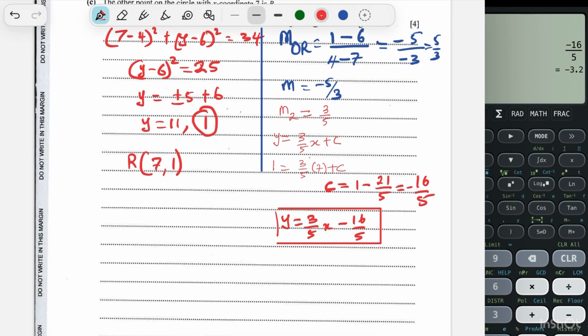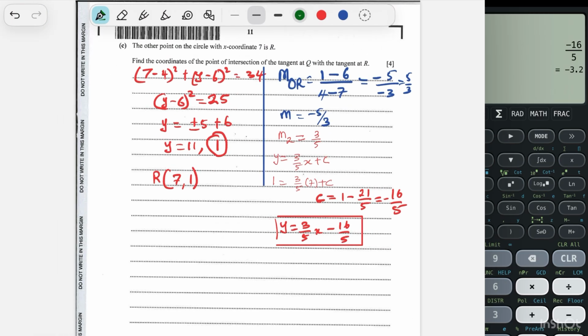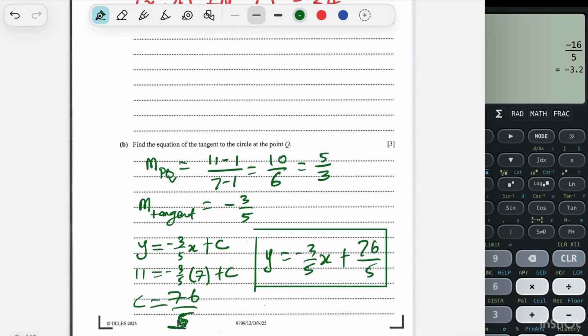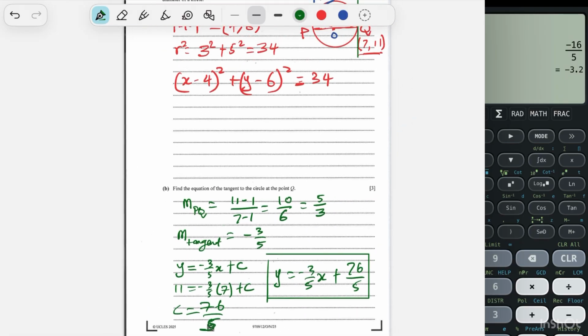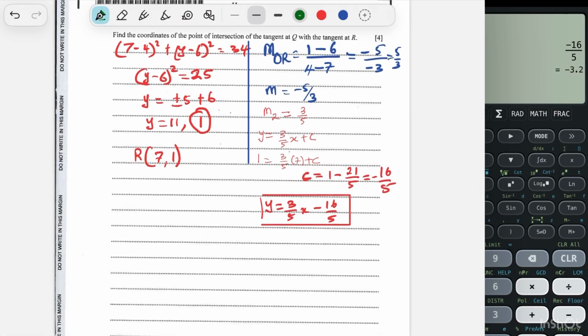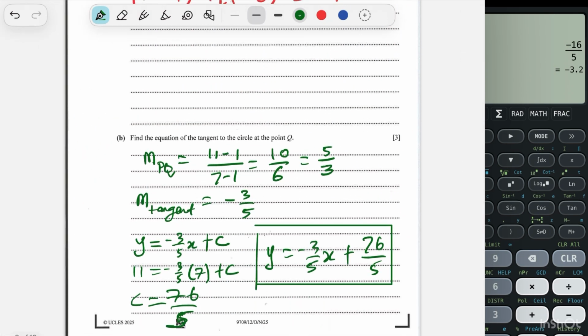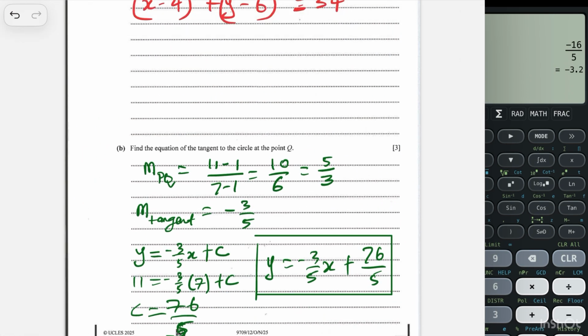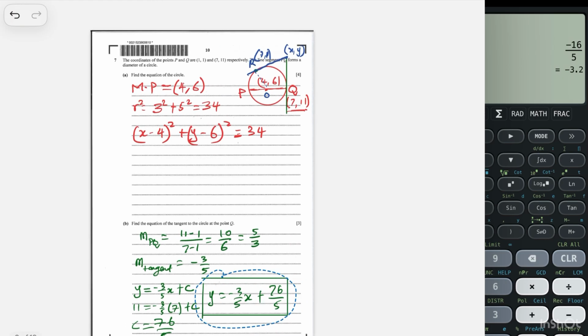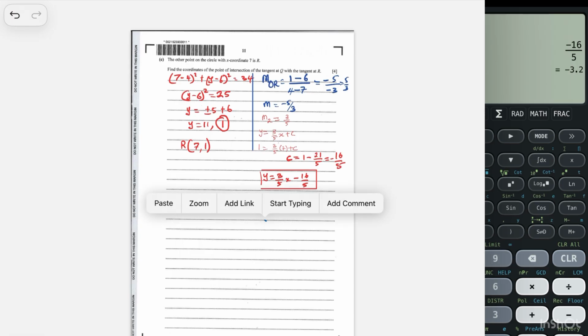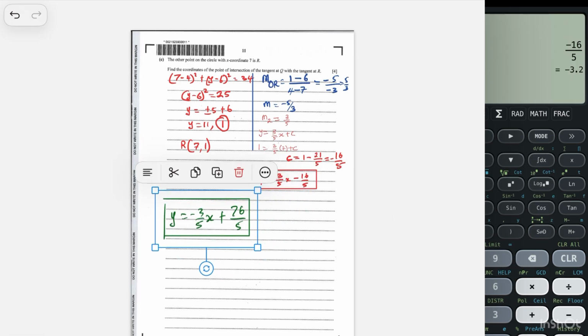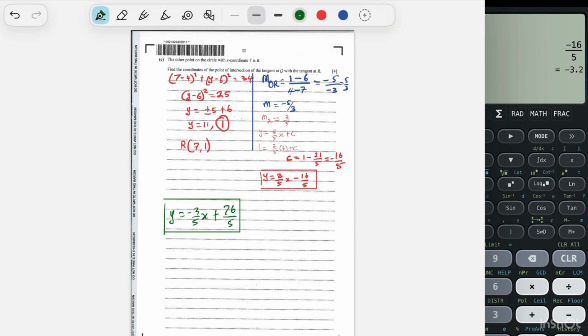So what do I do from here? I solve simultaneously with the other line, so I'll just equate them. Remember the previous one was y is equal to minus 3 by 5 x plus 75 over 5. I'll just copy it and drop it here. This is my equation and I equate it to this one.